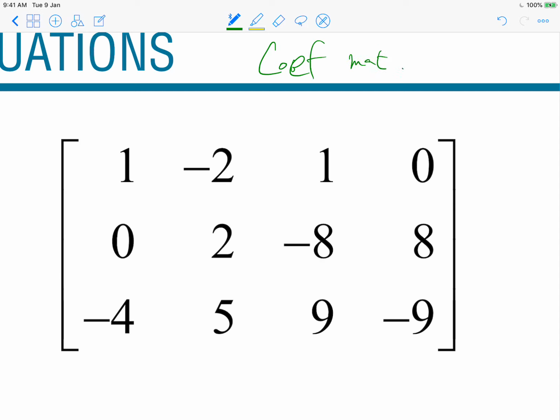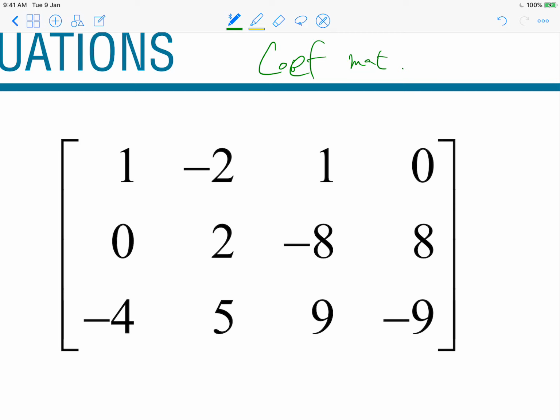Okay, so without being given the linear system, we are just given this coefficient matrix, and then we can easily say how many equations we have and how many variables we have, right? So how many variables do we have here? 4, and also the number of equations, 3, right?